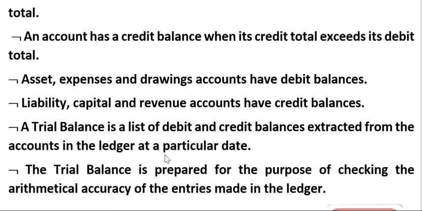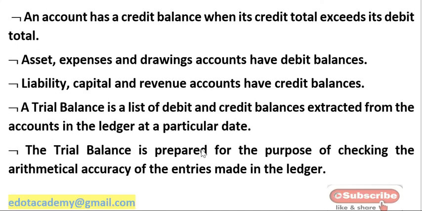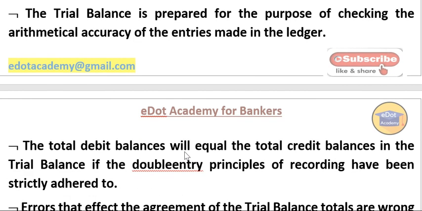Trial balance is the list of debit and credit balances extracted from the accounts in the ledger at a particular date. Okay, that means trial balance is always prepared as on this date, as on close of 31st January, as on close of 31st March. So trial balance is always prepared as on date. Trial balance is prepared for the purpose of checking the arithmetical accuracy of the entries made in the ledger and cash book.